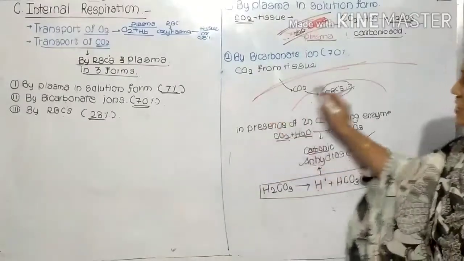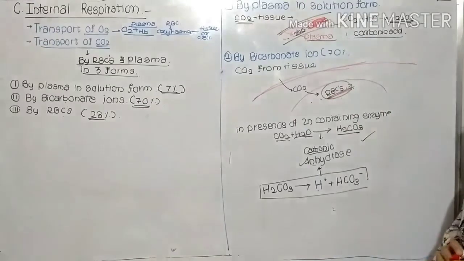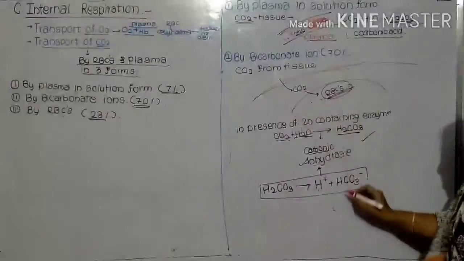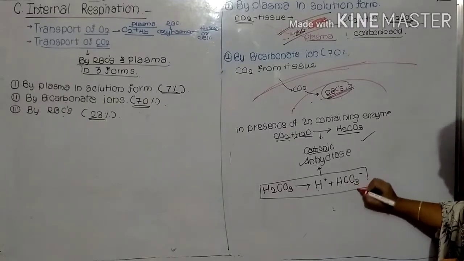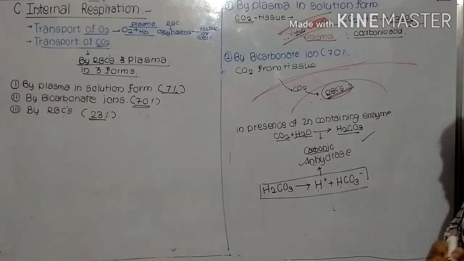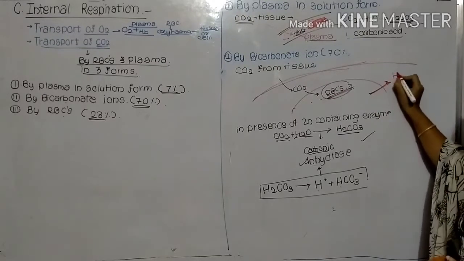All these processes take place in the RBCs. Then HCO3 from the RBCs is removed outside.